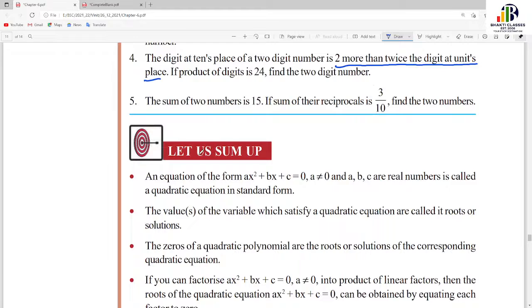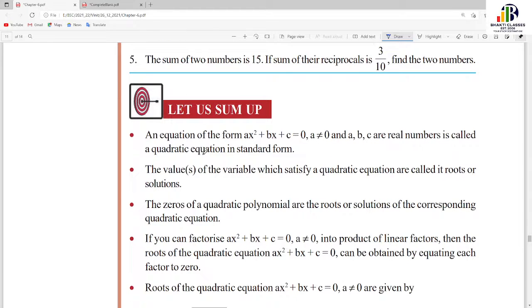So let us sum up what we have learned in this chapter. In this chapter we have learned about quadratic equation first of all. An equation which has the form ax square plus bx plus c is equal to 0, where a is not equal to 0 and a, b, c are real numbers, is called a quadratic equation in the standard form.